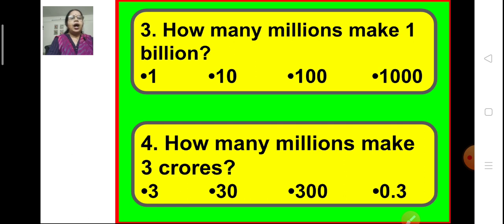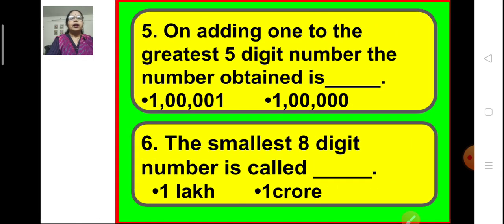Question number 4, how many millions make 3 crores? So children, you decide how many millions make 1 crore, and based on that how many millions make 3 crores. So choose the correct option according to that. Question number 5. On adding 1 to the greatest 5-digit number, the number obtained is, which one will you get?